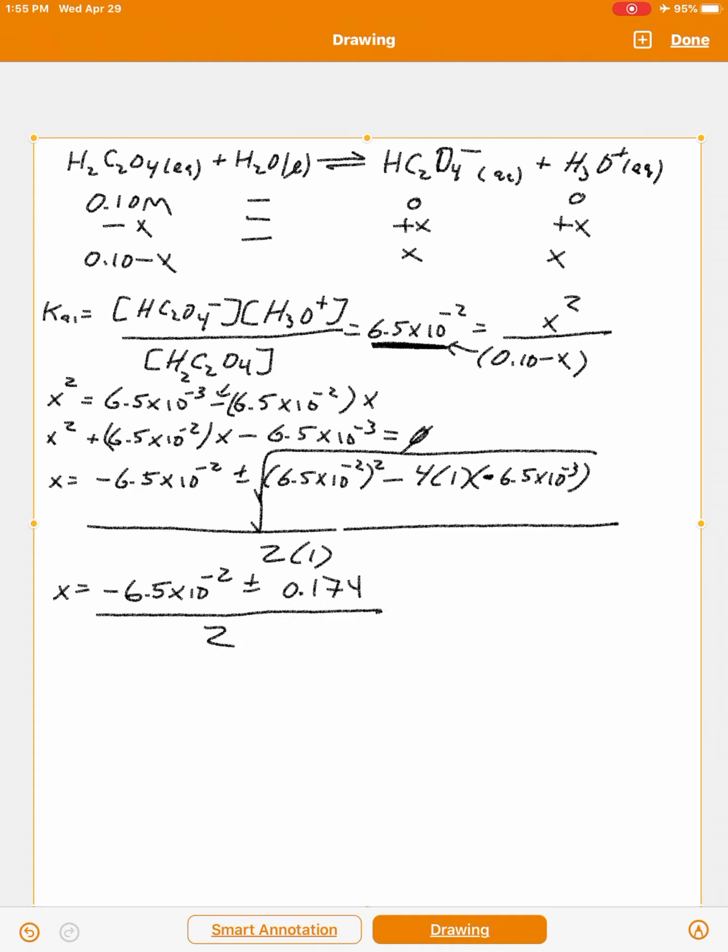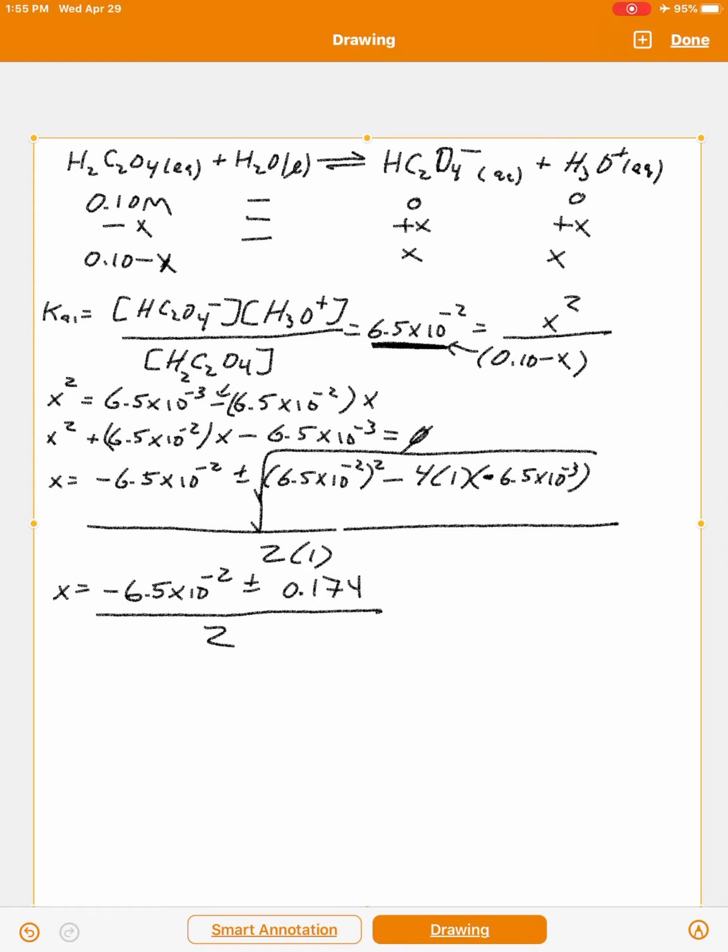Now, if you take a look at this, you've got negative 6.5 times 10 to the minus 2 plus 0.174 or minus 0.174. So if you use the minus, you'll get a negative value. And we don't want a negative value for x, because if you get a negative value for x, that means the reaction is actually going to the left. And we've already decided it's going to the right. So we're going to take the plus.